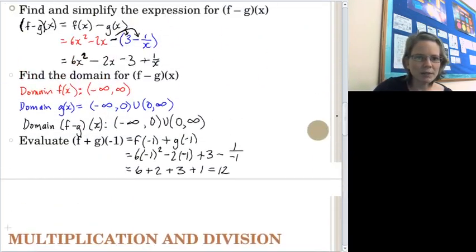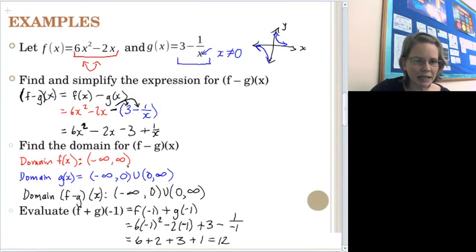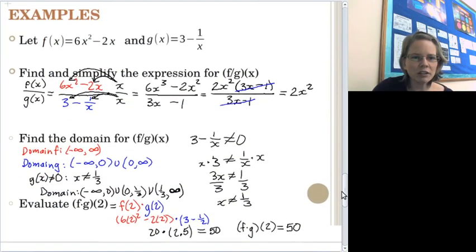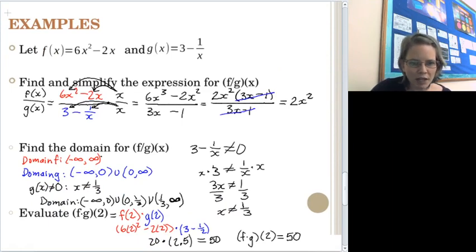With addition and subtraction, it was as simple as combining the domain of the two functions we started with. And for multiplication and division, we combined the domain of the two functions we started with, and for division, we said the function that's being divided by can't equal 0, which gave us a new restriction. So then we combined the domains of the two functions we started with plus this new restriction.